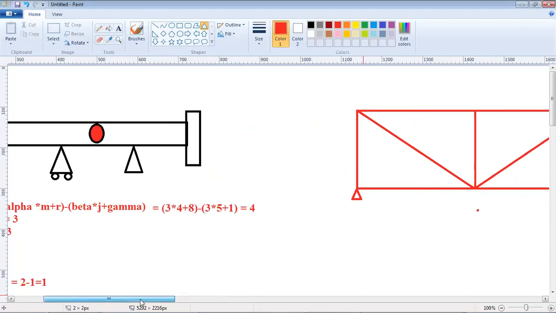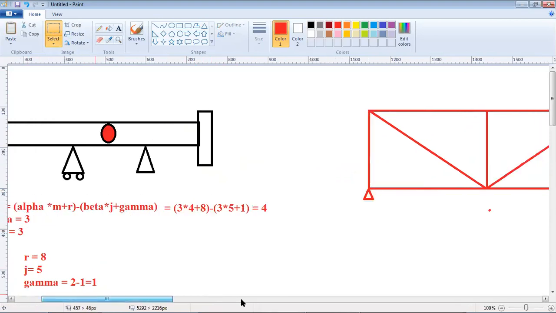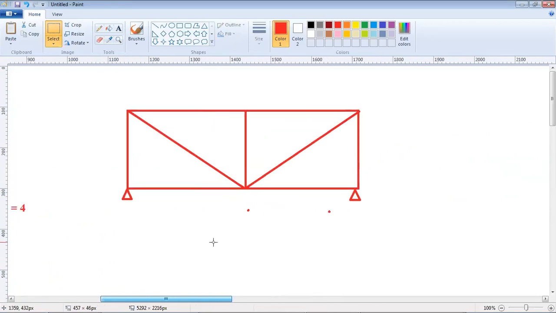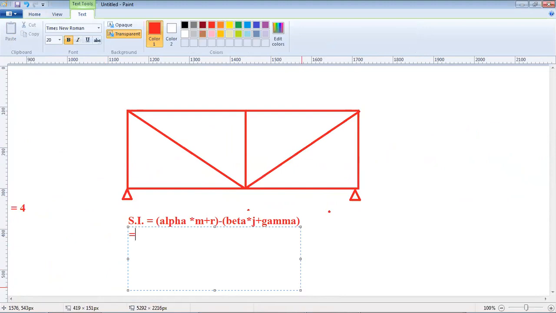Then your static indeterminacy again has the same formula. Now this is your static indeterminacy. So what will be the value of alpha? It's 1, because there is only one axial force.